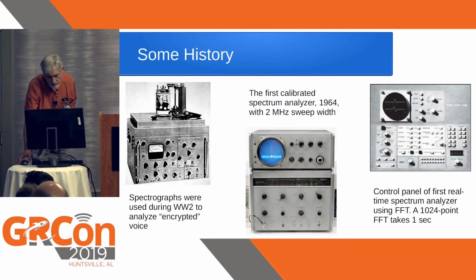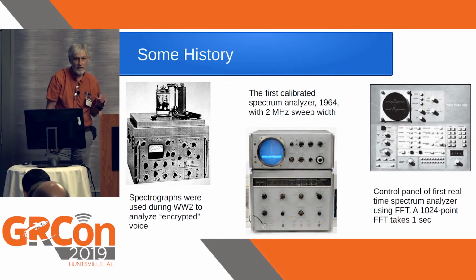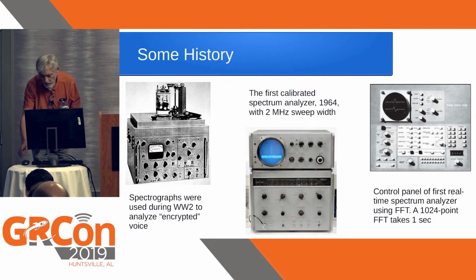This was the first calibrated spectrum analyzer in 1964 with a 2 megahertz sweep width. This one is the control panel of the first spectrum analyzer that used the FFT for the computation of the spectrum, and the 1024 point FFT took 1 second. That was 1967.